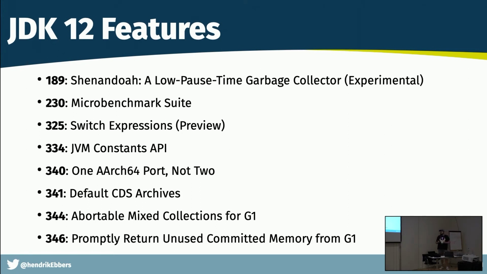With the Shenandoah garbage collector, you can activate that. You can even define how often you will check to release memory to the operating system. So this is not really a new API or a new language feature, but this is really something that happens under the hood.